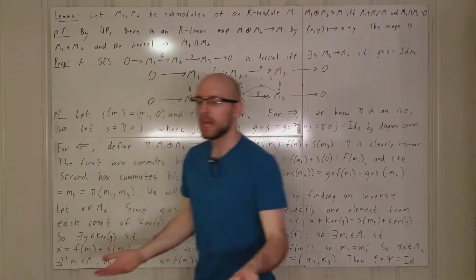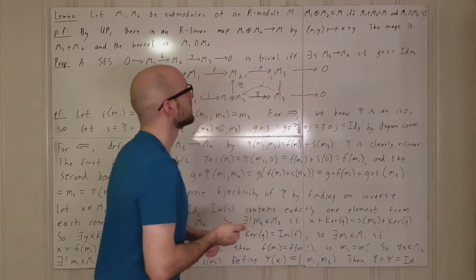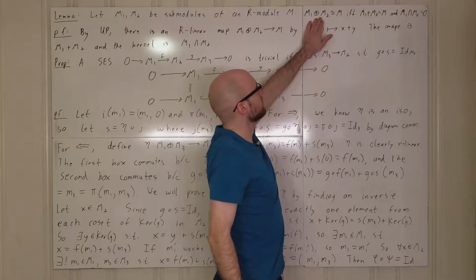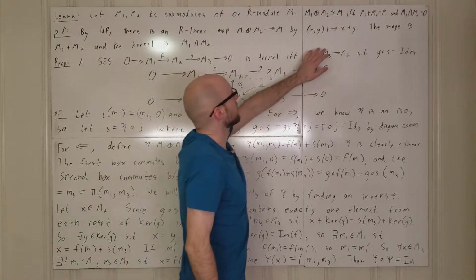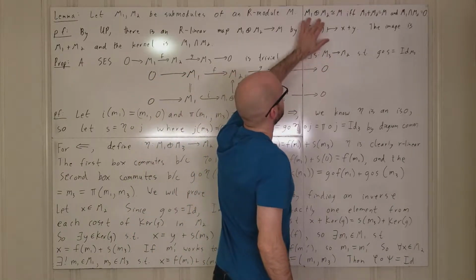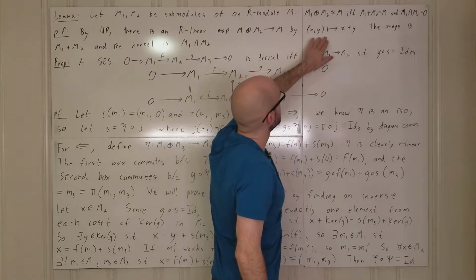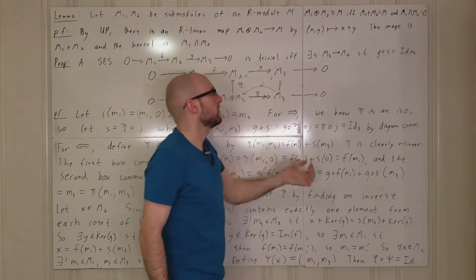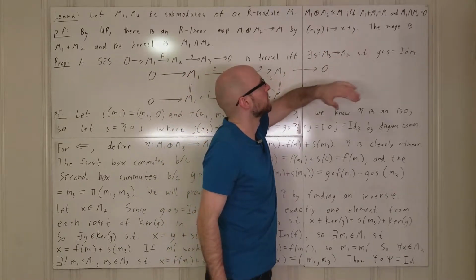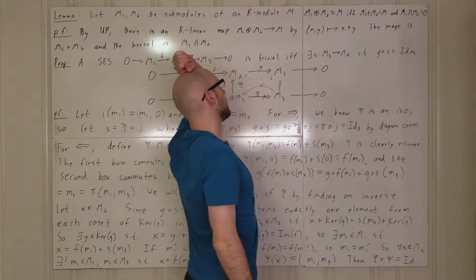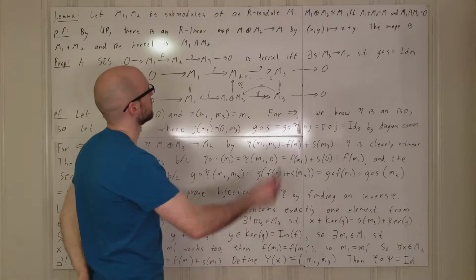And now that we know that, it's easy to see that this thing holds, because M1 direct sum with M2 is isomorphic to M if and only if this map from the direct sum to M is an isomorphism.